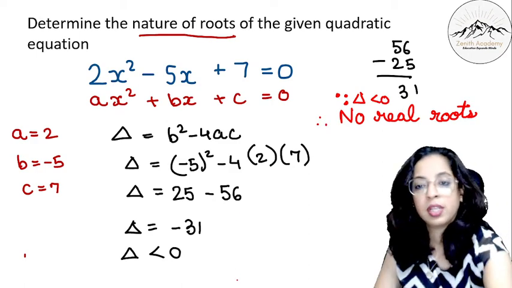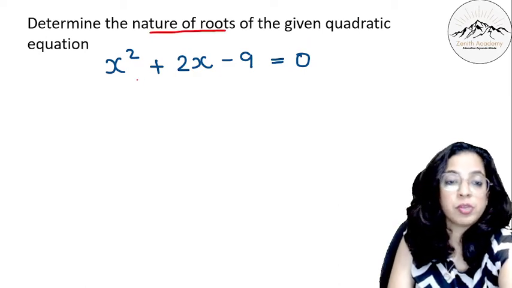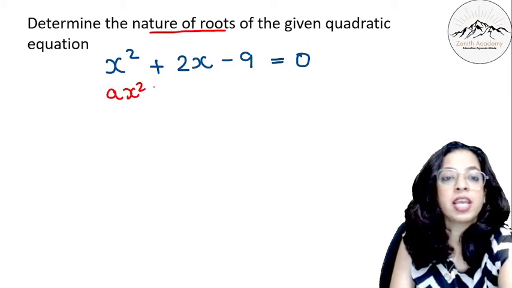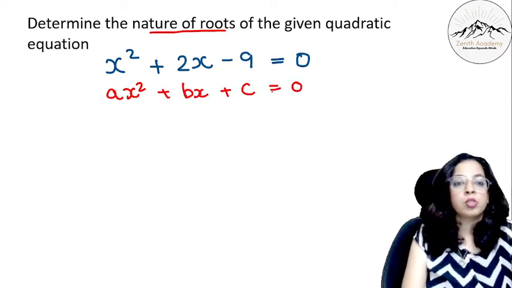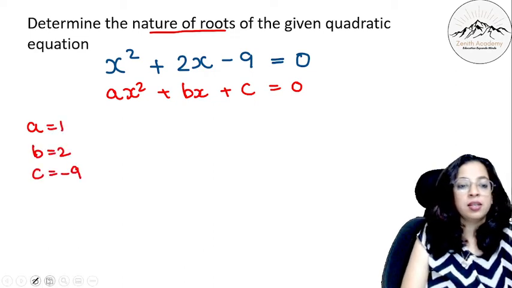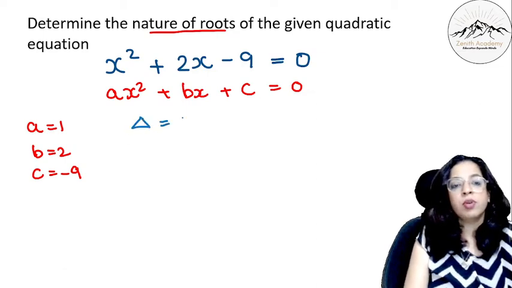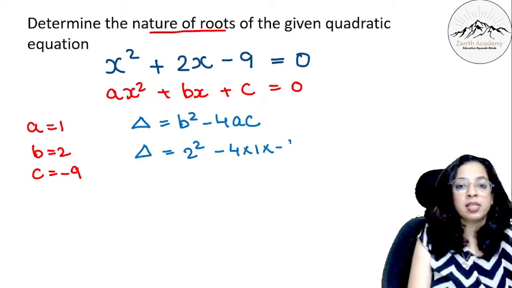Understood? Let's go ahead. Determine the nature of roots of the given quadratic equation. Again, I will compare it with ax square plus bx plus c equal to 0. So here a is equal to 1, b is equal to 2 and c is equal to minus 9. Isn't it? So discriminant is equal to b square minus 4ac. So discriminant is equal to 2 square minus 4 into 1 into minus 9.